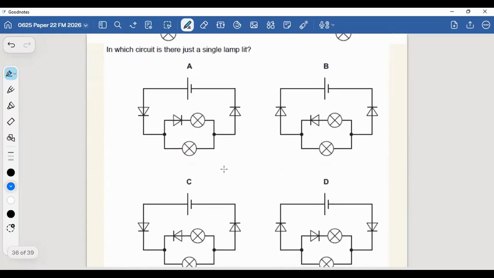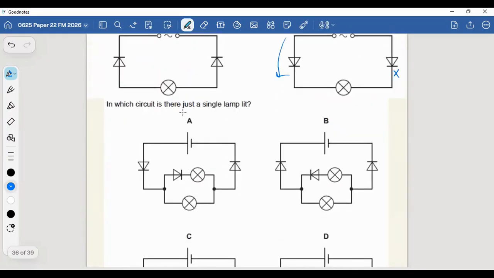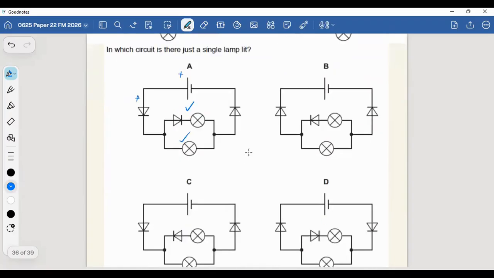All right. So now moving towards the next question. In which circuit is there just a single lamp lit? This is positive, letting the current flow through it. This is also allowing the current. This is also allowing the current. There is no tie out here, so both are allowed.